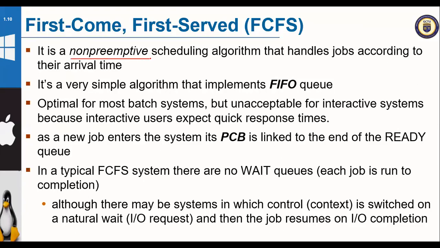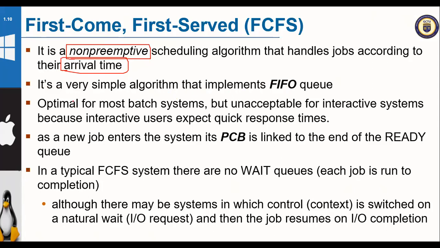That means that once a job takes over the CPU, it will be there until it has completed or it executes a natural wait. This is done based on their arrival time. So if process A comes before process B, B will wait. It is a very simple algorithm that implements the FIFO, that is the first in, first out queue.